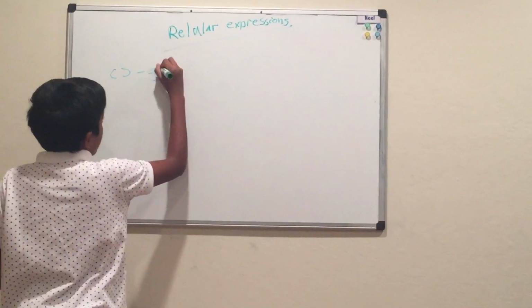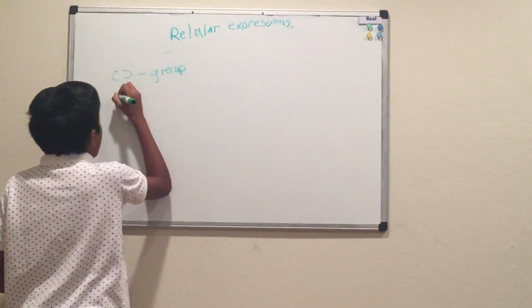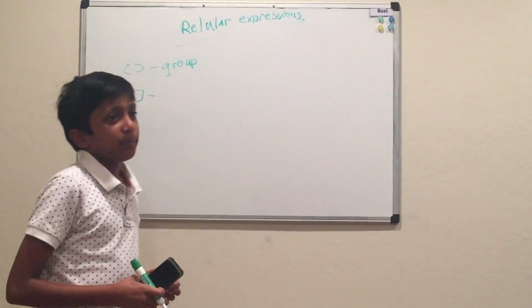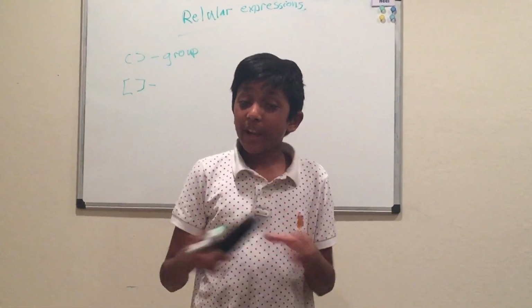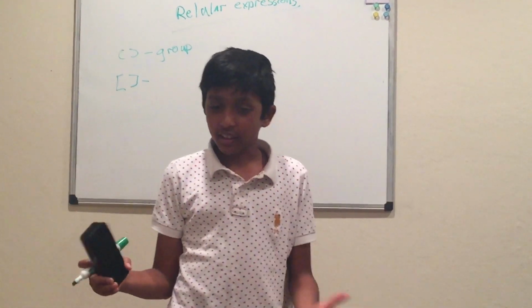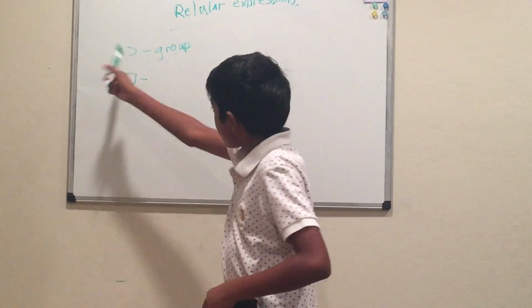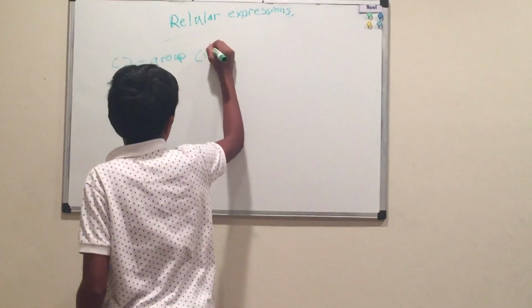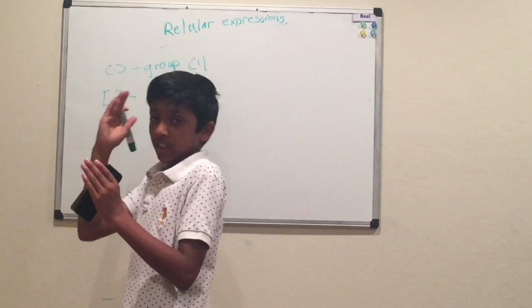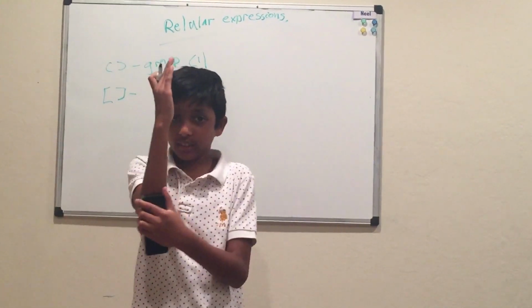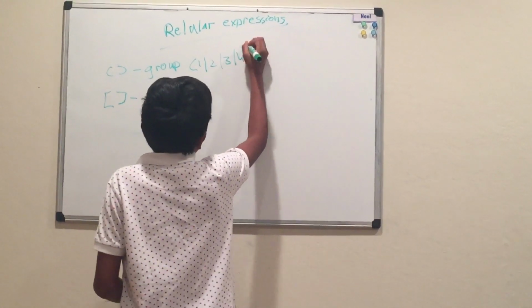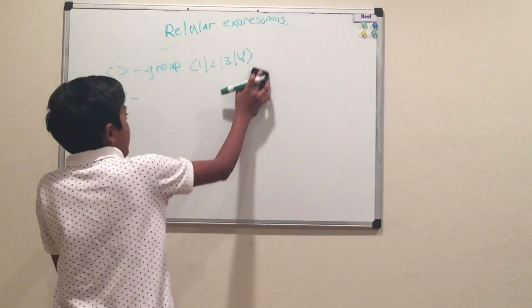So that's 1. This is a group, right? This is like a range of numbers that can be there. In this group, if you want to have this or this or this, then inside you'd have to put 1 or, which is the straight line, or 2 or 3 or 4. So that's how you do it.